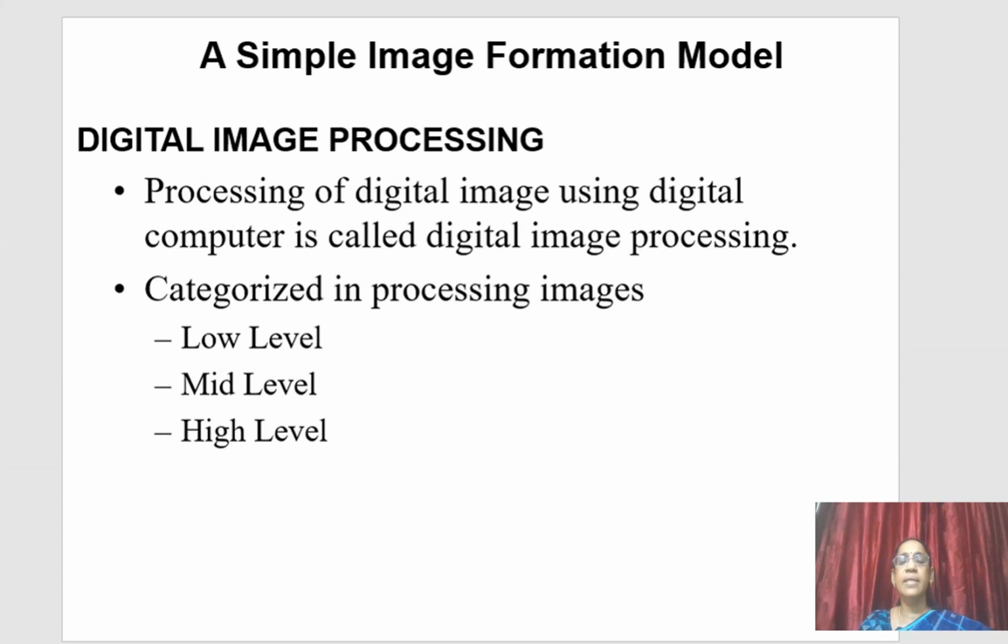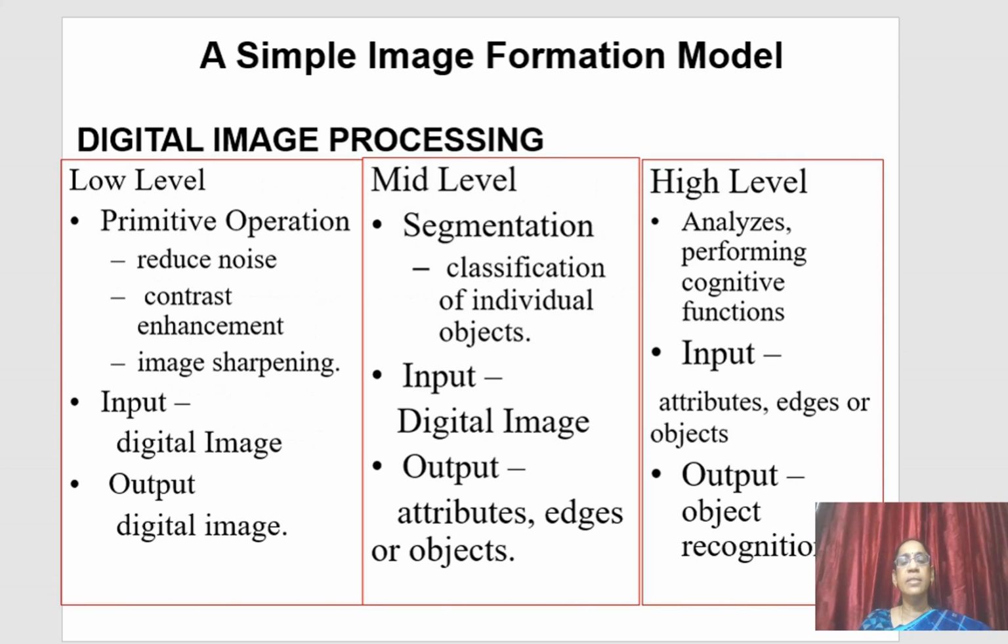Categorizing this image processing, we can go for three levels: low level, middle level and high level. In the low level, we are going to enhance the image. There are many various methods for enhancing images, so according to the application we have to select the enhancement technique.